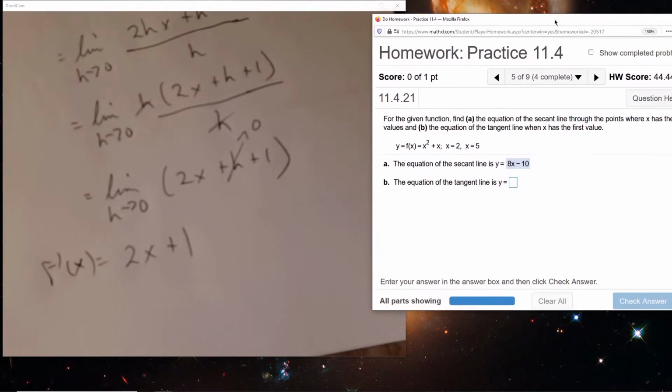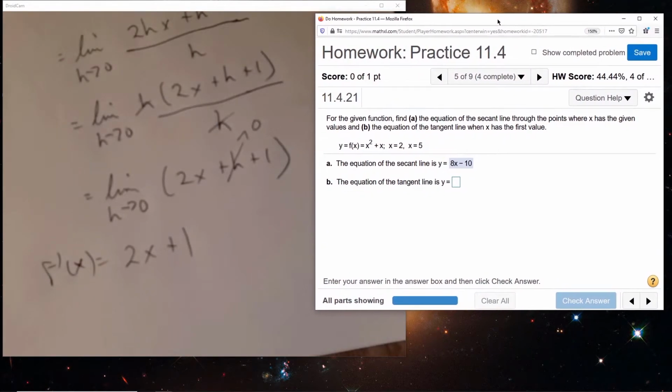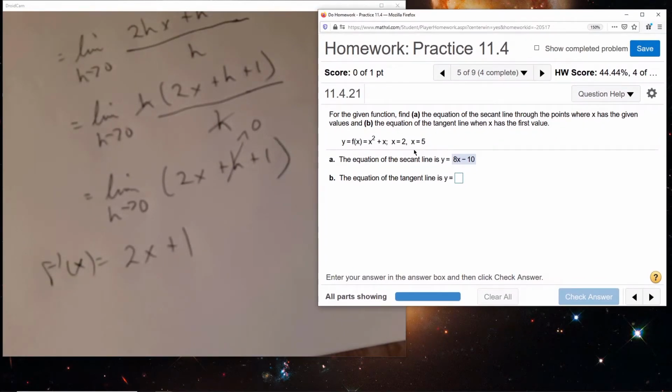We do need to choose at which point we take it, because they did give us 2 points, x equals 2 and x equals 5. We can do both of them, but my math lab's only asking for one of these. So let's check out what it says for part B.